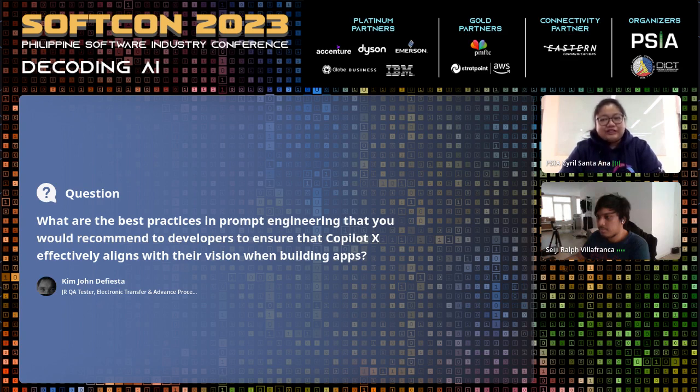Here's another question from Kim John. What are the best practices in prompt engineering that you would recommend to developers to ensure that Copilot X effectively aligns with their vision when building apps? Yep, thank you, Kim, for the question. I think those are the recommendations I mentioned earlier.